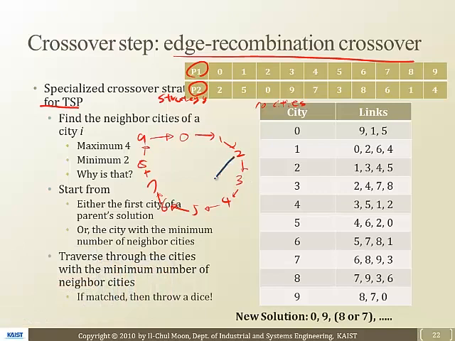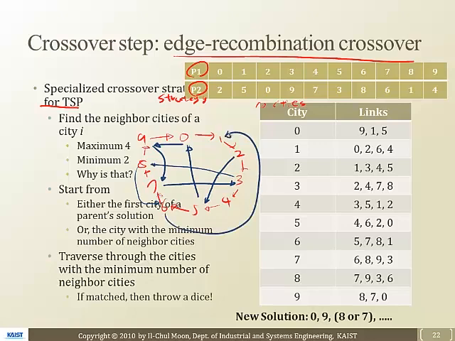So 2 to 5, right, like this, and 5 to 0, like this, and 0 to 9, like this, and 9 to 7, like this, and 7 to 3, like this, and 3 to 8, and 8 to 6, and 6 to 1, and 1 to 4.